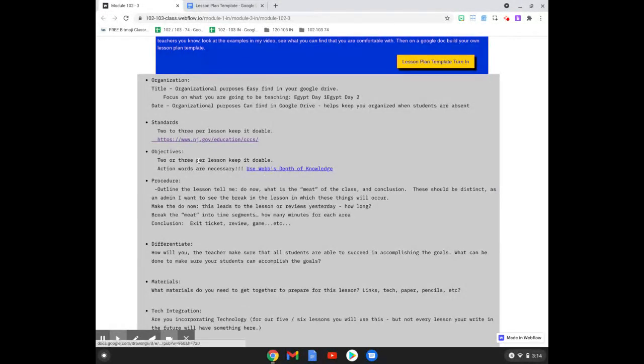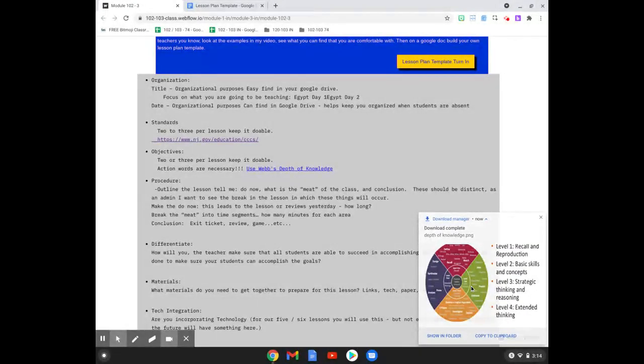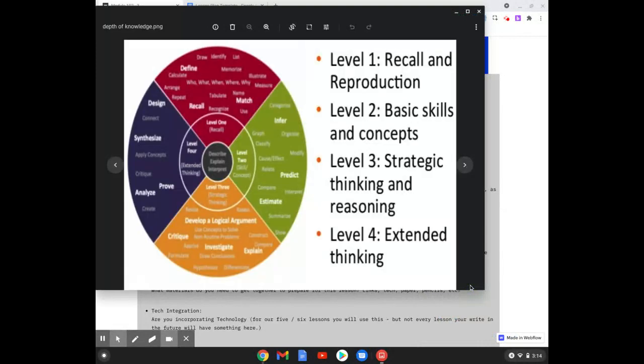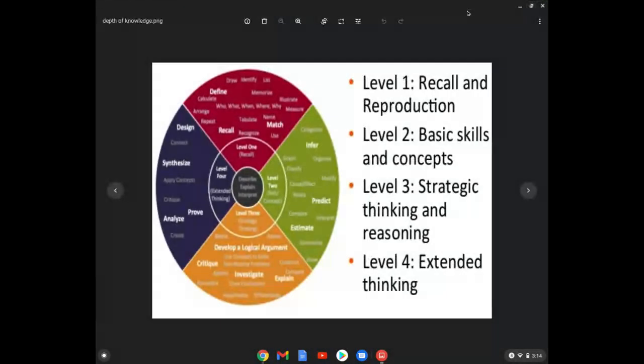But we use action words. And if you click here, Webb's Depth of Knowledge, it's going to come up as a download. It was just easier to do it that way. If you don't like mine, you can definitely go and search it up, Webb's Depth of Knowledge. But you have different levels. Level 1 is your lowest level. That's your multiple choice.